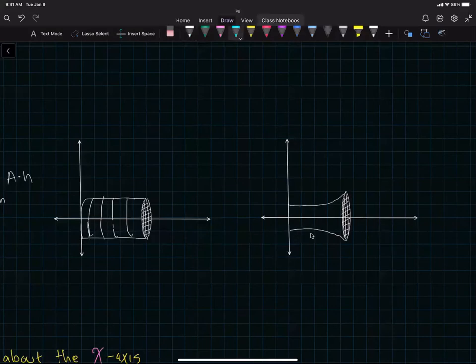I'm going to make smaller and smaller cylinders, something like this. And then at the end, I'm going to find the volume of each cylinder, and then I'm going to find my volume. Now here comes the hard part.